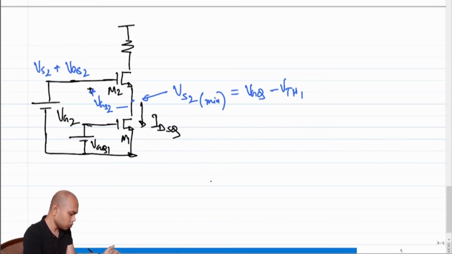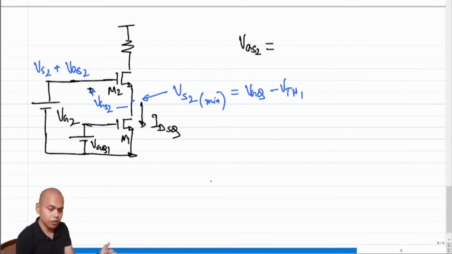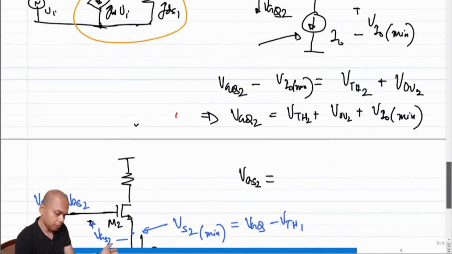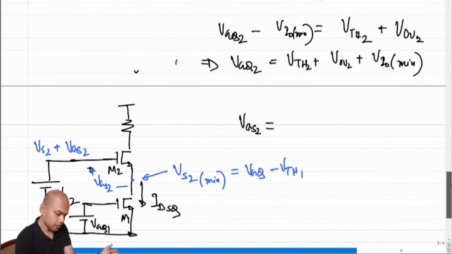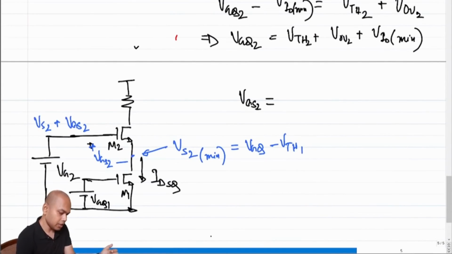What is VGS2? VGS2 has to be equal to the threshold voltage of the second transistor plus the overdrive voltage of the second transistor. Therefore, VG2 needs to be VS2 plus this, right?